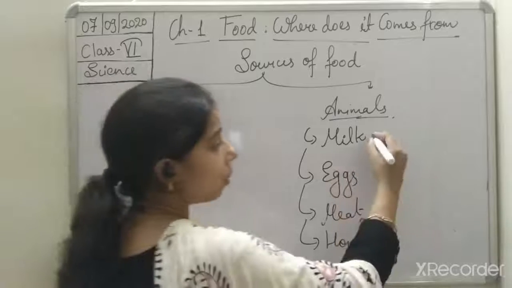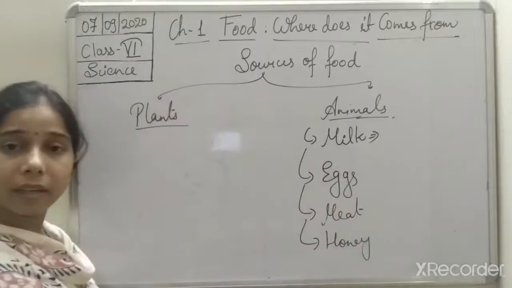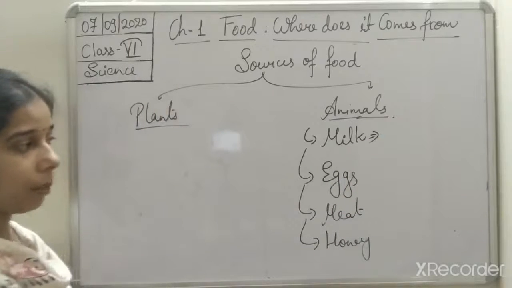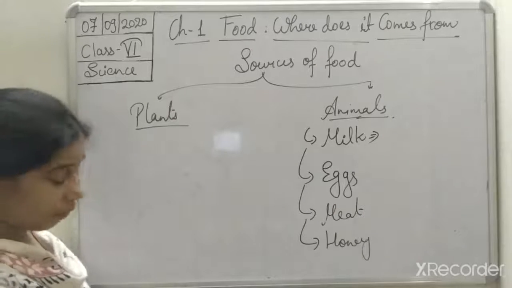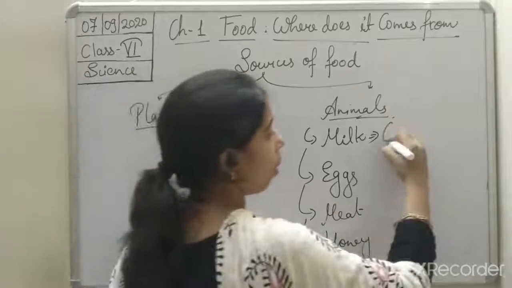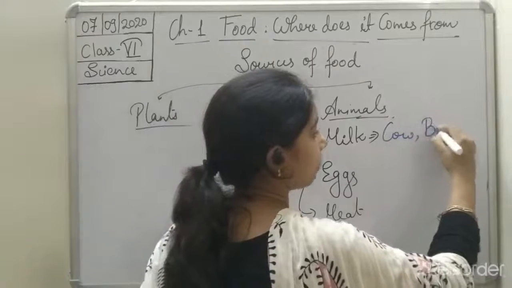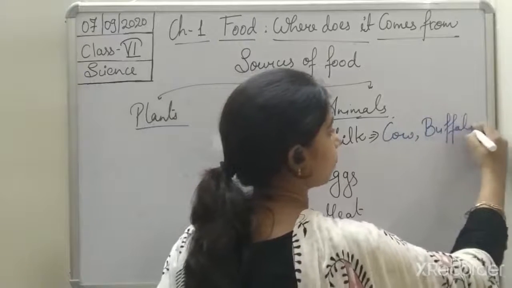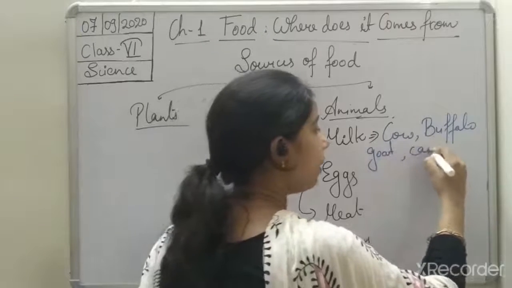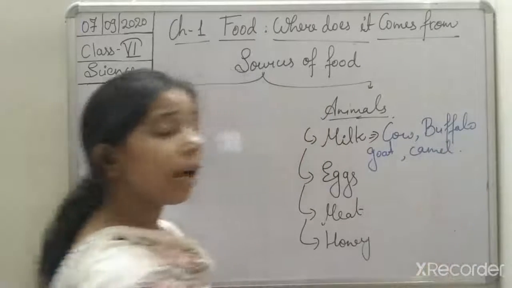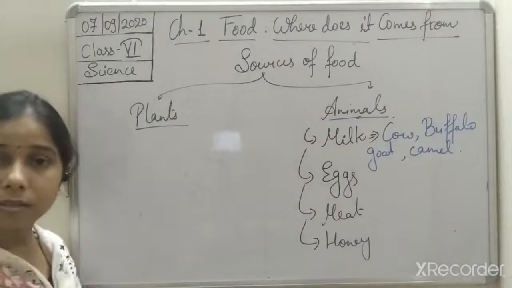Now if we talk about milk, students, where do we get this milk from? Animals. Milk-producing animals are the cow, buffalo, goat, camel. These are the animals which give milk to us.